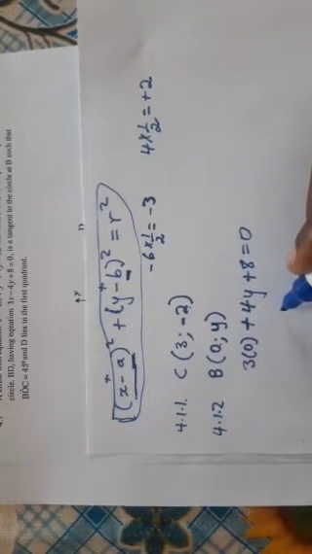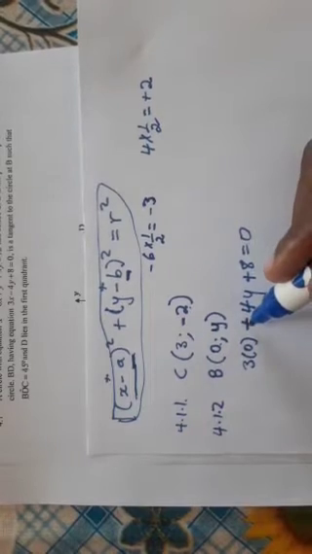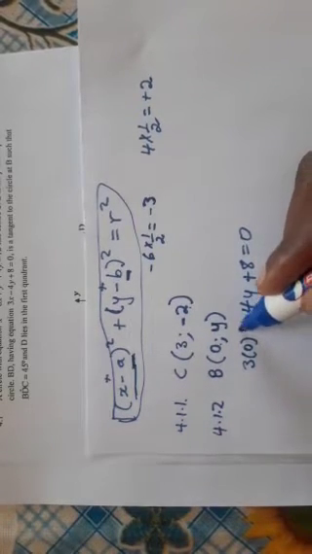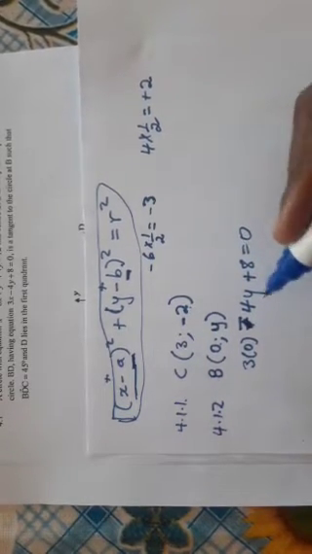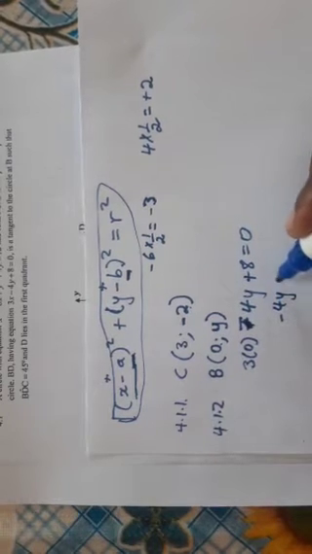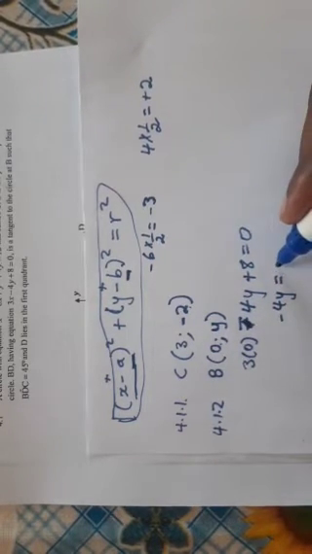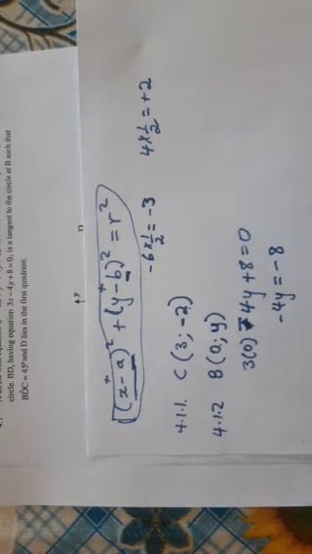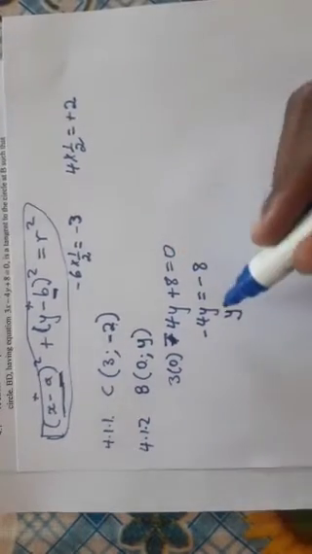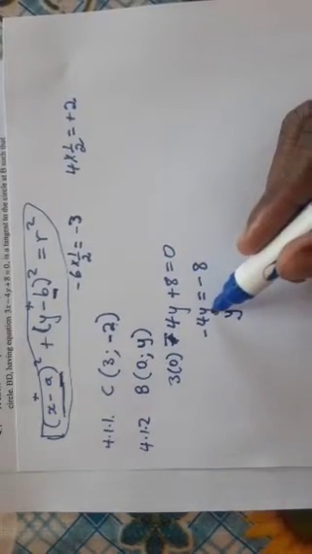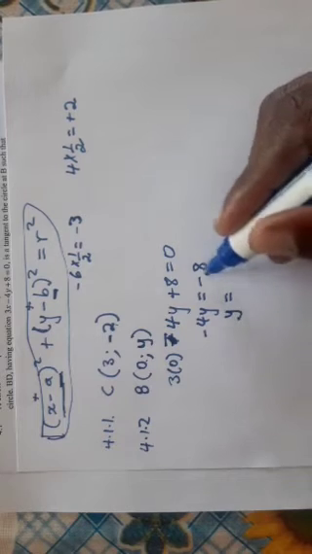Sorry for that, so minus 4y equals 8 and the sign changes, so I have minus 8. So y equals, divide both sides by minus 4.